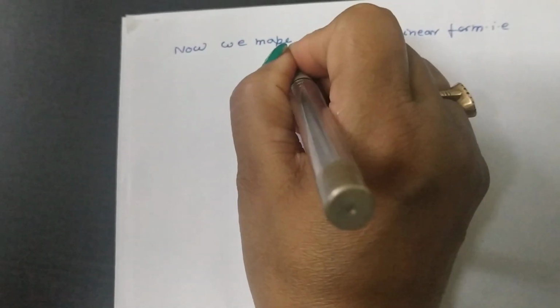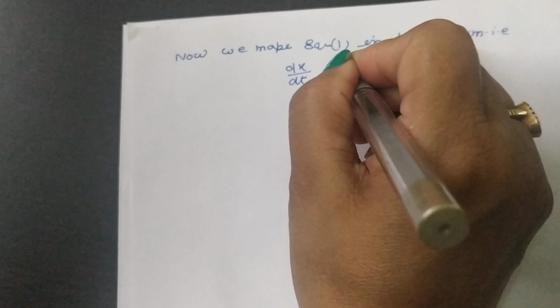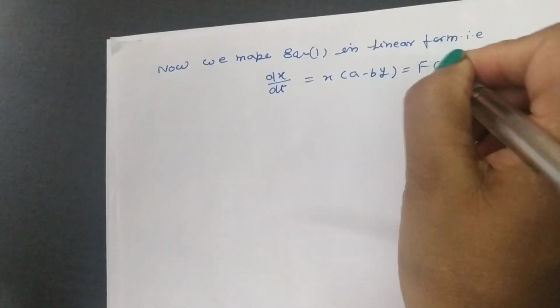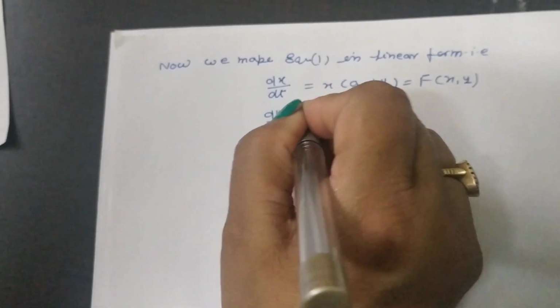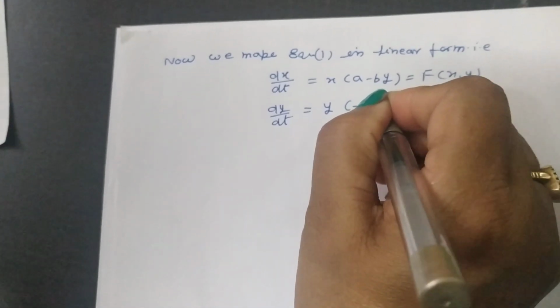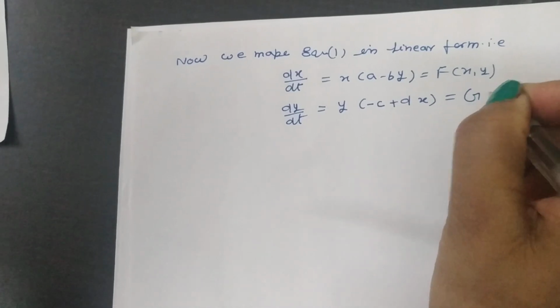That is dx by dt is equal to x(a minus by); let us call this f of x, y. Similarly, dy by dt is equal to y(minus c plus dx); let us call this g of x, y.